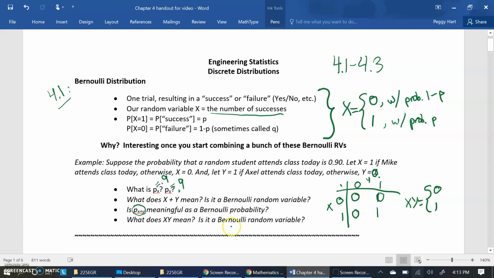What does x times y mean? It looks like it means they both show up. If they both show up, it's a success. So x times y is 1 if both show up, and 0 if not. And we could figure out the probability that they both show up. You'll have something like that for a homework problem that you can try.